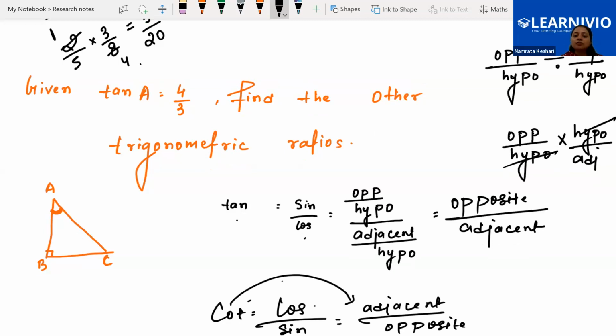Okay. So yesterday we were discussing the formulas. Sine means opposite over hypotenuse. Cos means adjacent over hypotenuse. Tan means opposite over adjacent.